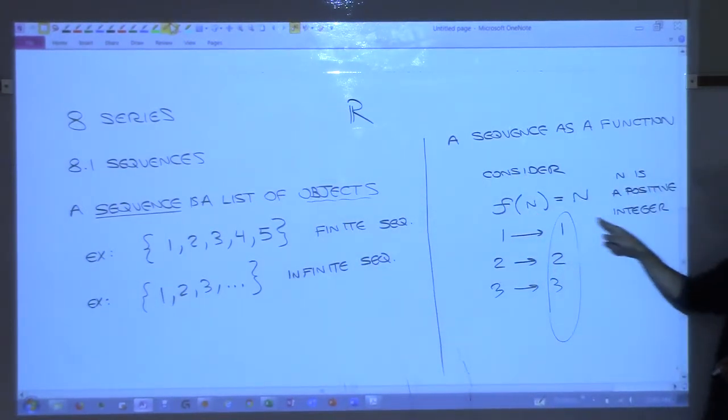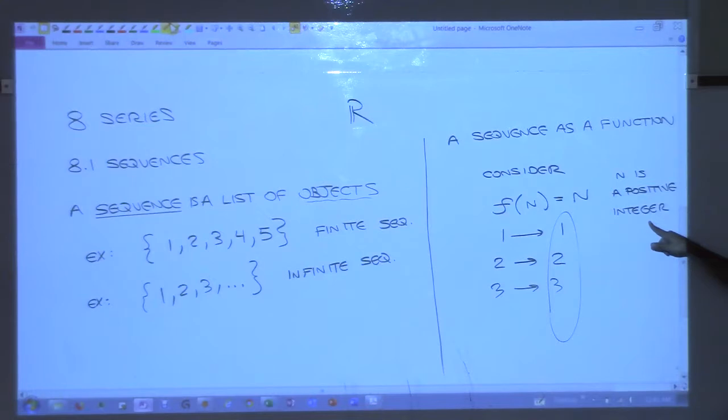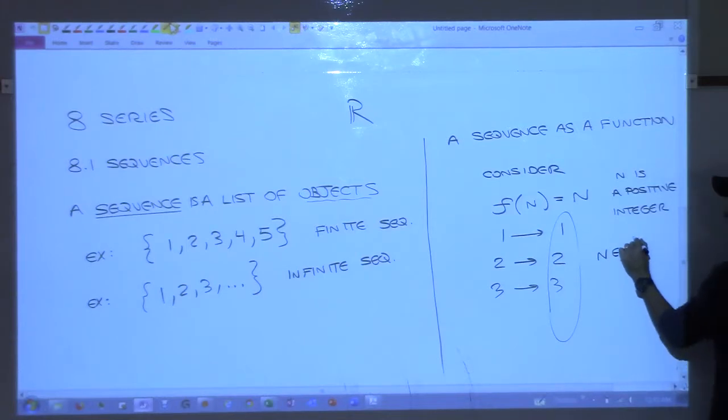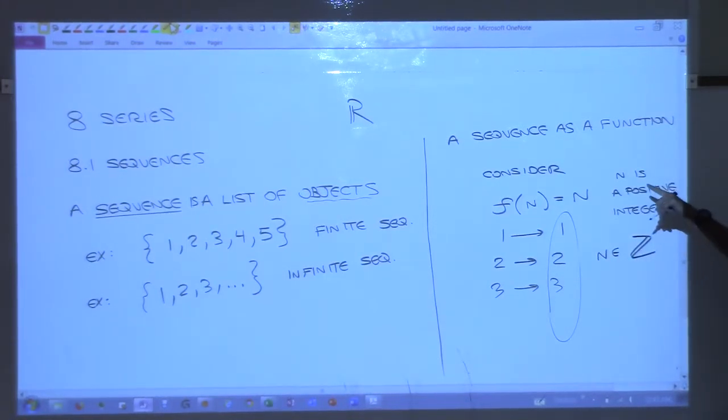Do you all know the notation for positive integers? It's Z. So what I'd say here is n is an element of a double struck Z, kind of like a double struck R, but there's one little catch to it. You have to put a plus on the top right. That tells you positive integers. If you leave the plus off, it's all integers. And this is not important for this class. You don't need to know notation for the positive integers. It's just, why not? It's not that hard to see, right?